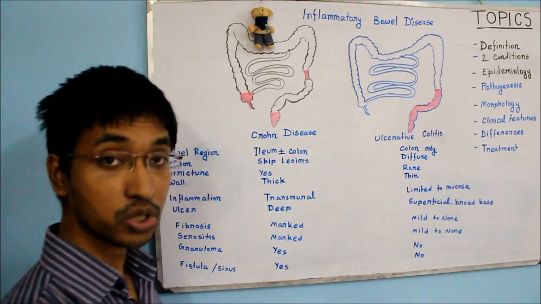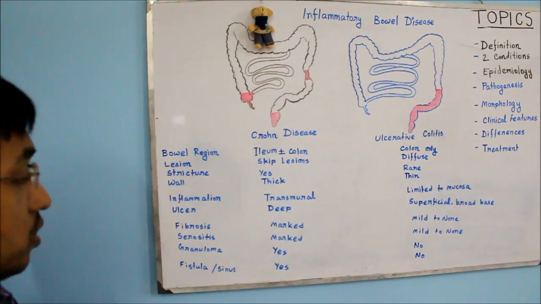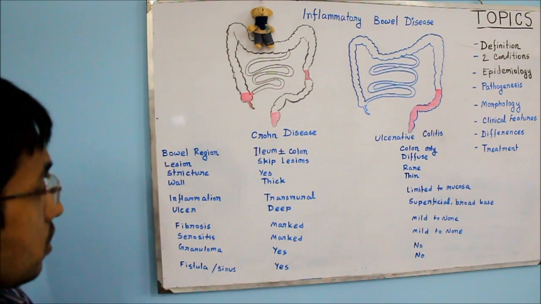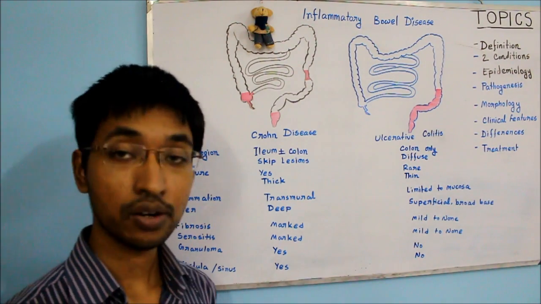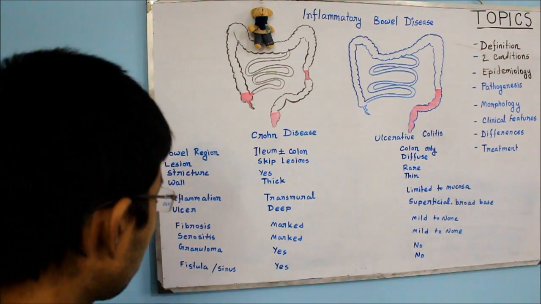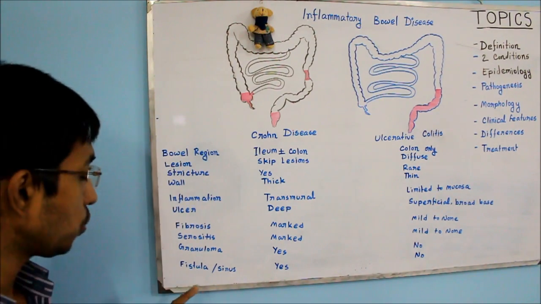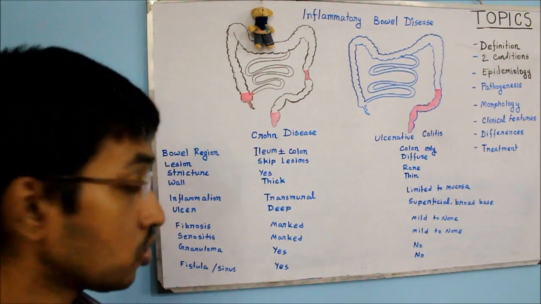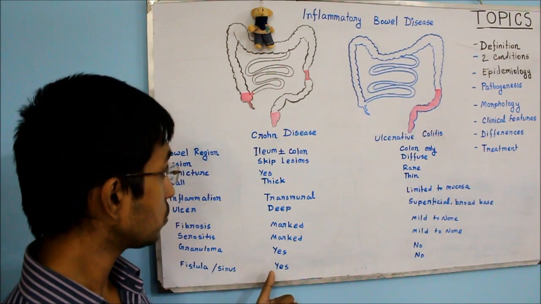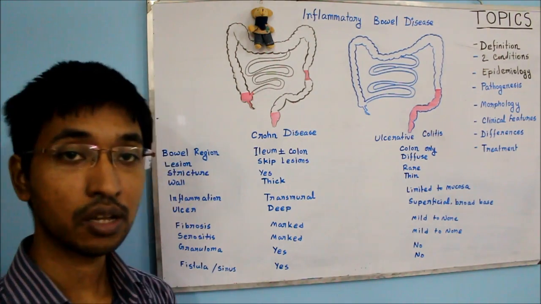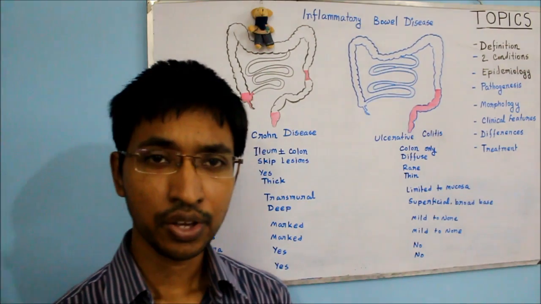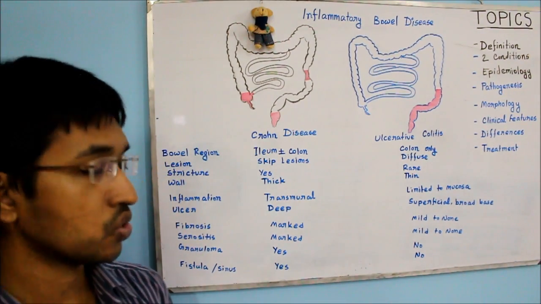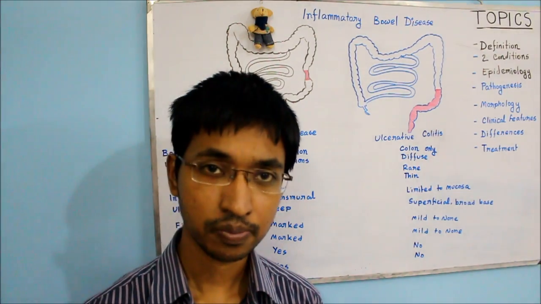And this is very important. Granulomatous inflammation or granuloma are present in Crohn's disease and they are not seen in ulcerative colitis, and fistula tracts or sinus tracts can be found in cases of Crohn's disease and they are absent in ulcerative colitis. So these were in short the major differences between ulcerative colitis and Crohn's disease.